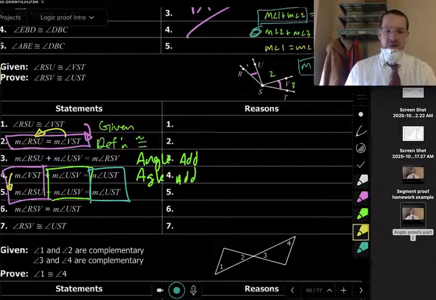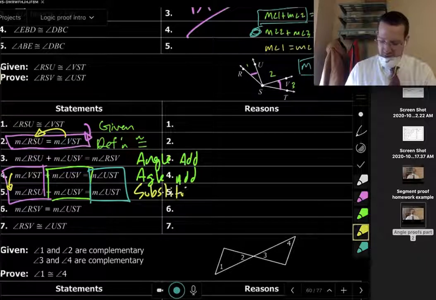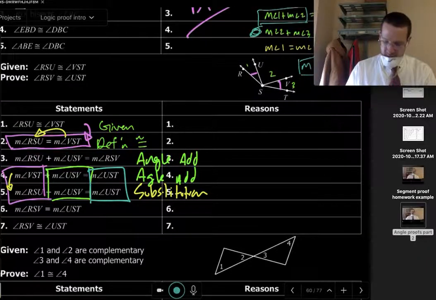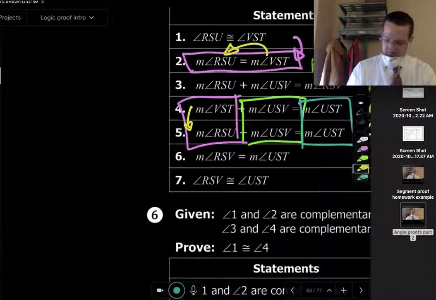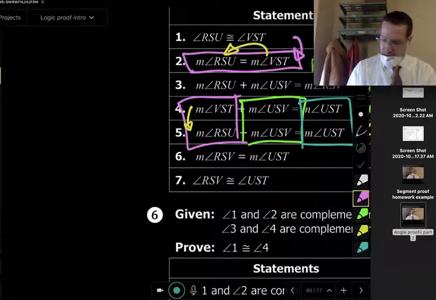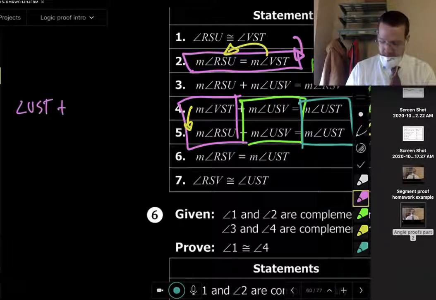And so here there was a simple substitution. And now we have a transitive property. We have VST plus USV is equal to UST.